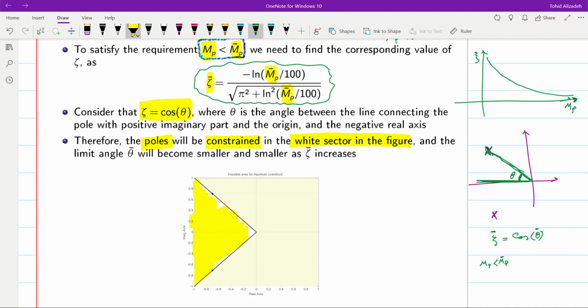Or we can say that if we want to have MP smaller than MP bar, we need to have theta smaller than theta bar. And theta bar is here. So if the theta for the system is smaller than that, then the closed loop poles of the system will remain within this area. So that's what we have for the overshoot.